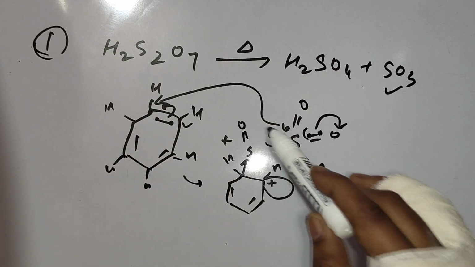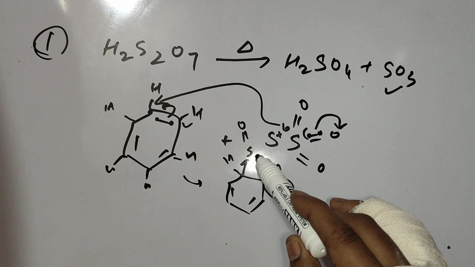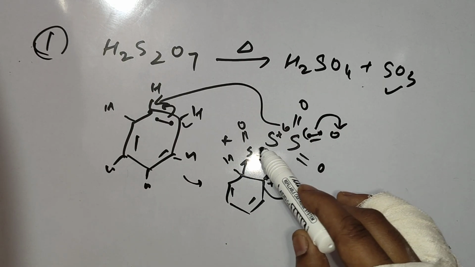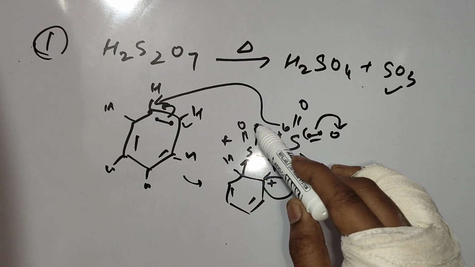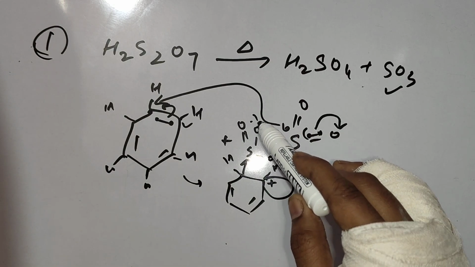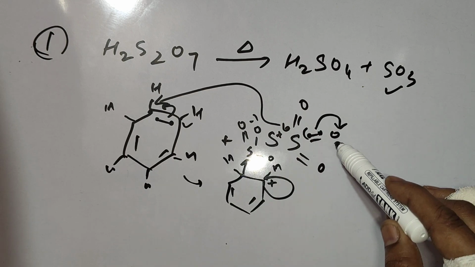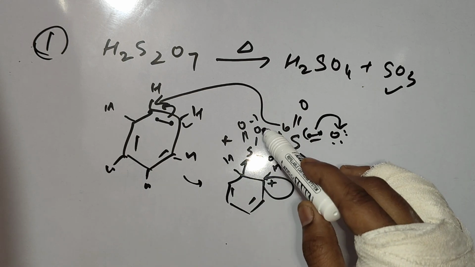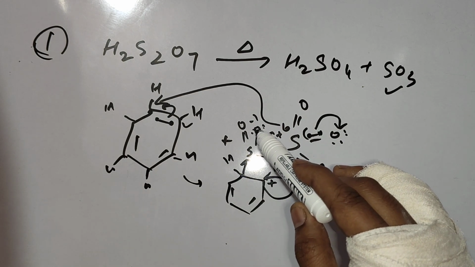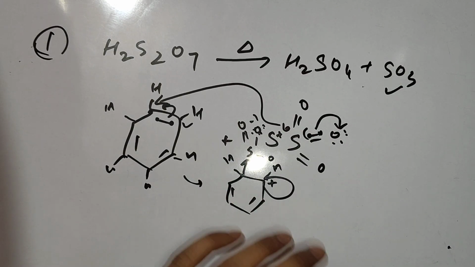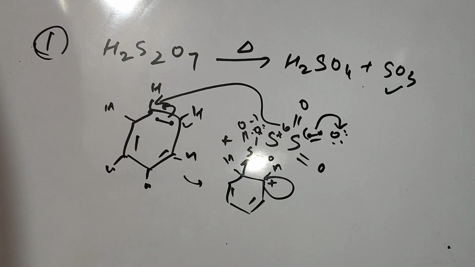Sulfur, 2 oxygens as it is, this oxygen as it is. But this oxygen, which is getting the extra electron of sulfur, will now make a single bond and will carry a -1 charge. With how many pairs of electrons? Already it has 2 pairs. A third pair will generate like this. This one, O negative.